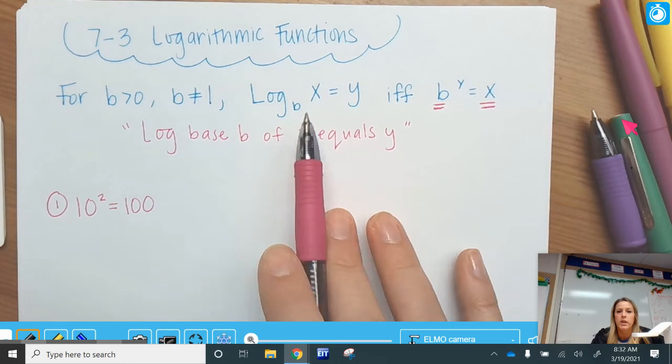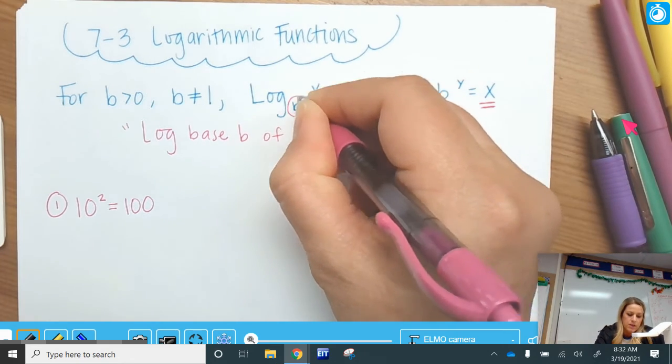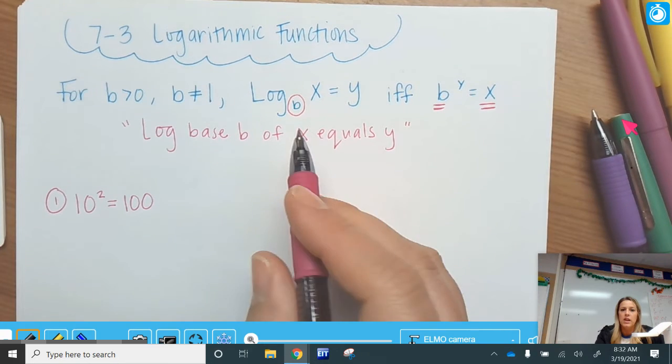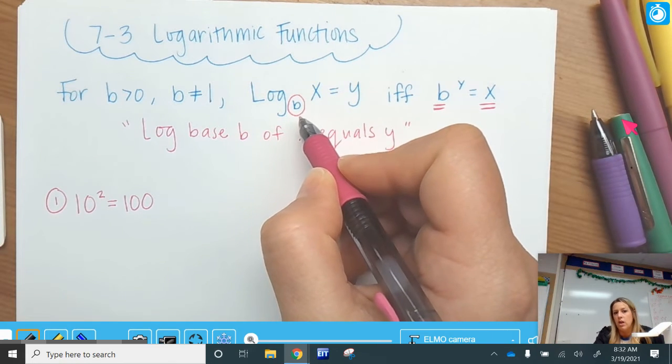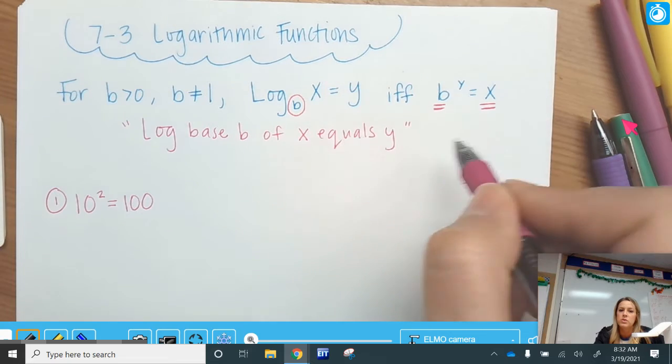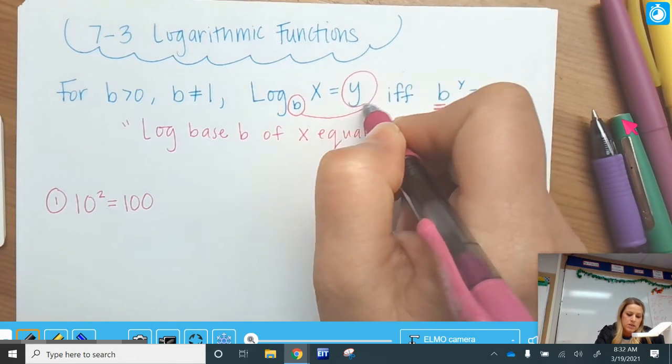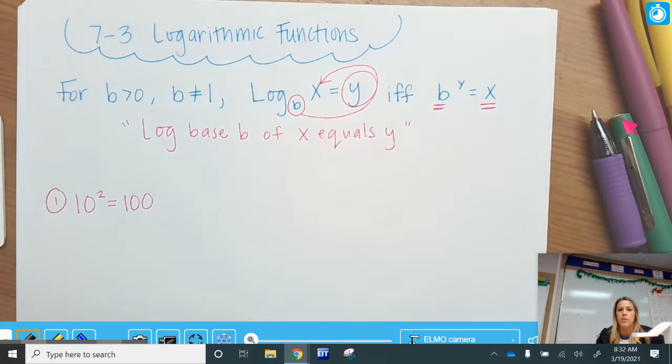This is where we want to look at the commonalities. b is your base. When I do log form to exponent form, I do a little around the world kind of thing. I say b raised to this power equals this number.